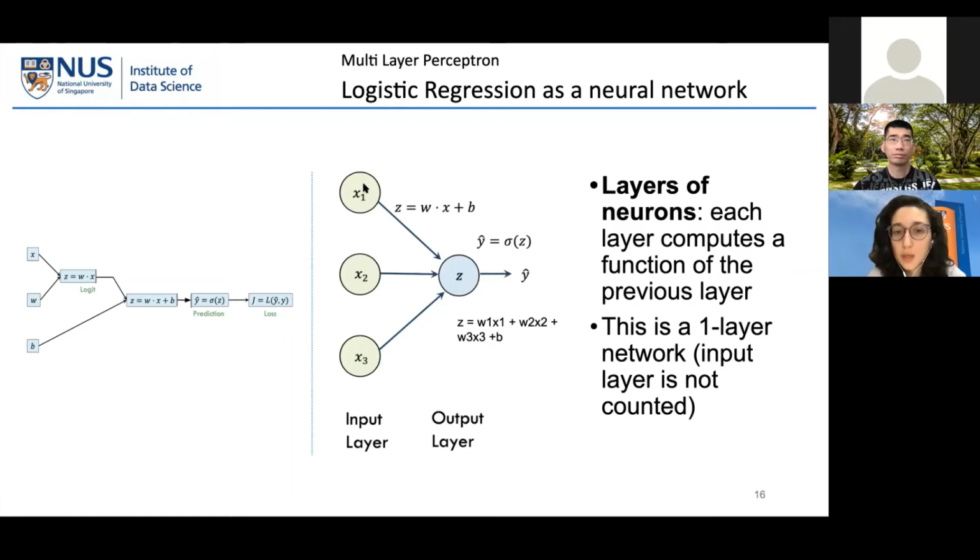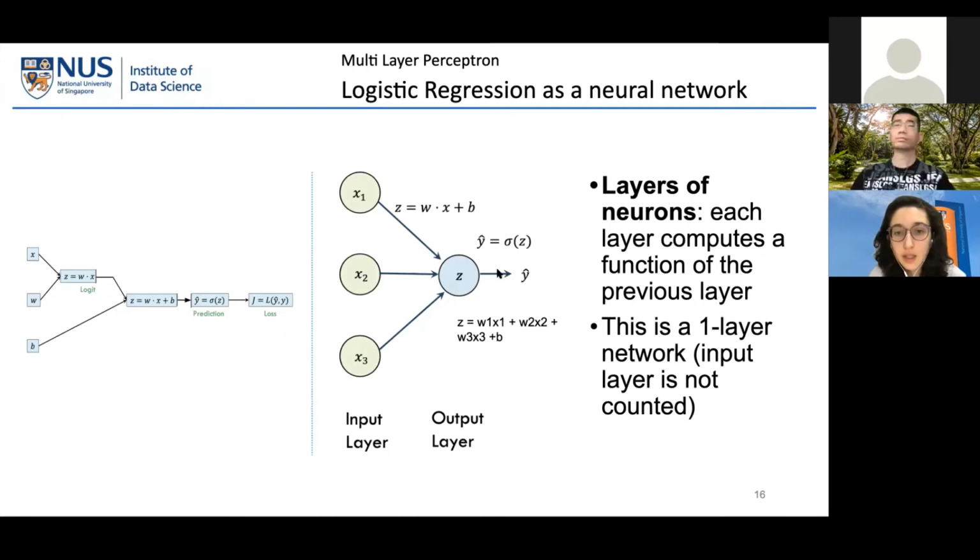So Z will be the scalar product of W and X. If you have X1, X2, X3, which stand for the different features of your input example, you have one weight for one feature, okay? And you combine it together. And this creates layers of neurons.